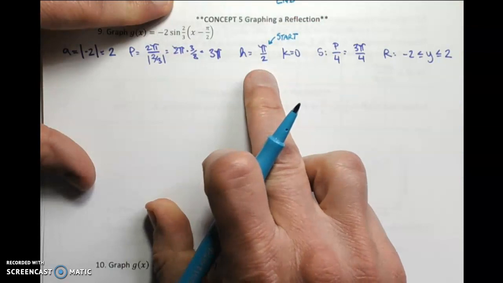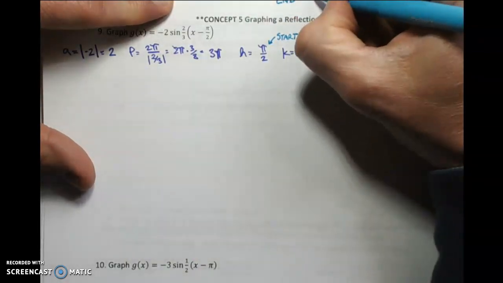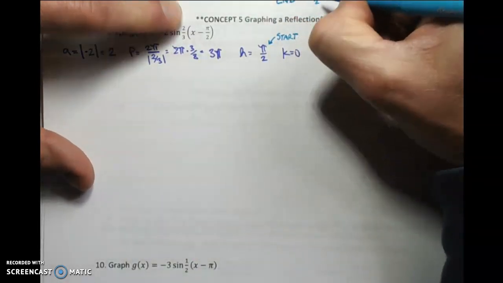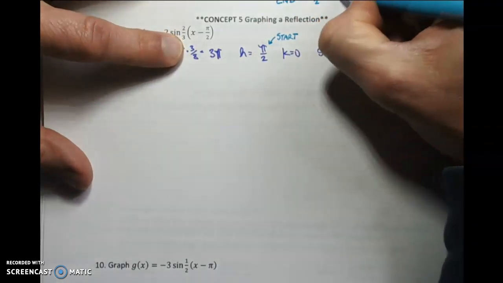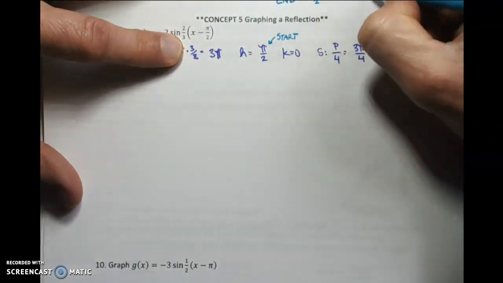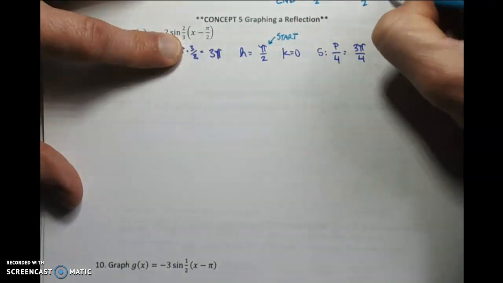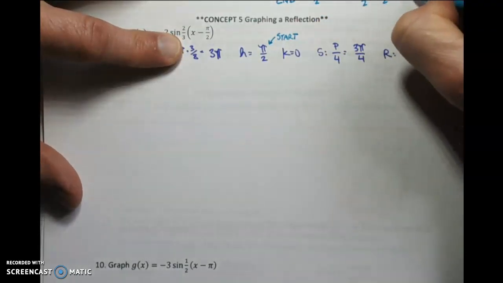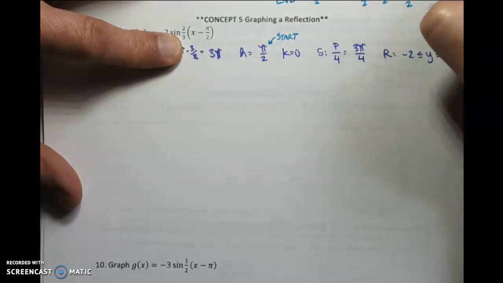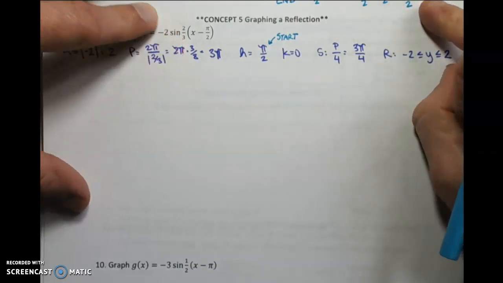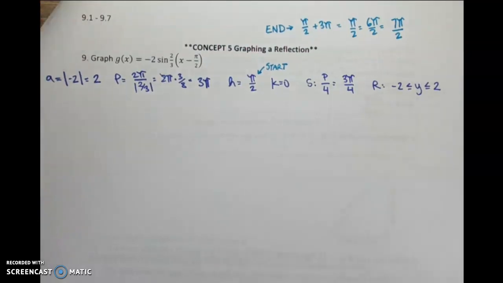Well, I take the start, and I'm going to add the 3 pi to that. If I need common denominators, that's pi over 2 plus 6 pi over 2. So I get 7 pi over 2. And that's where I'm going to end. That's 7 pi over 2. Oops, I'm sorry, you can't see that. That's where I'm going to end.